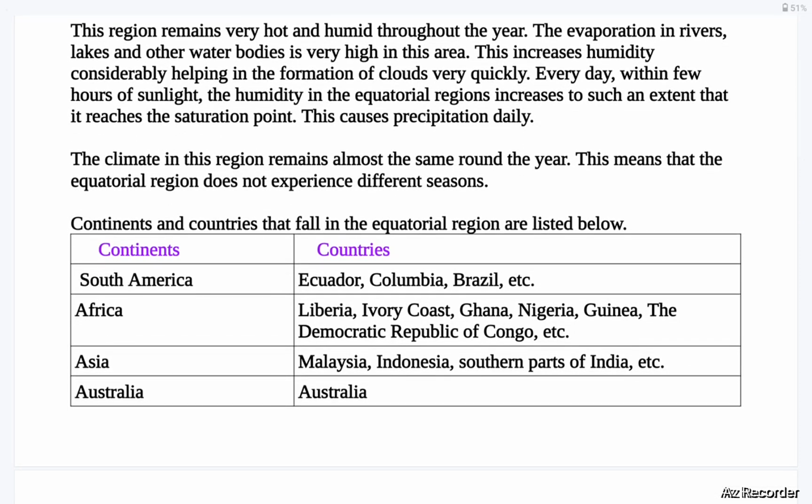Continents and countries that fall in the equatorial region are listed below.